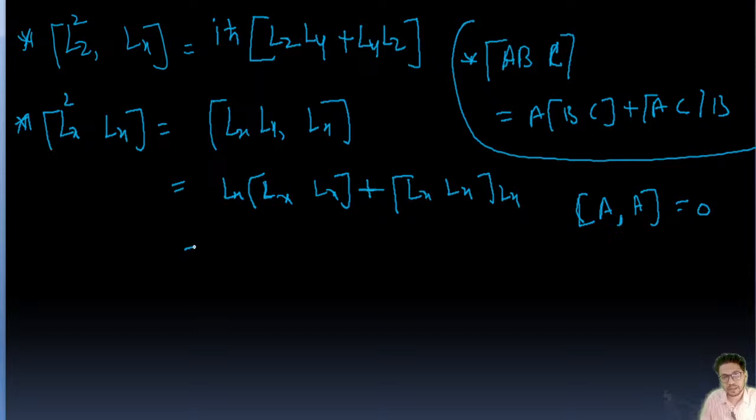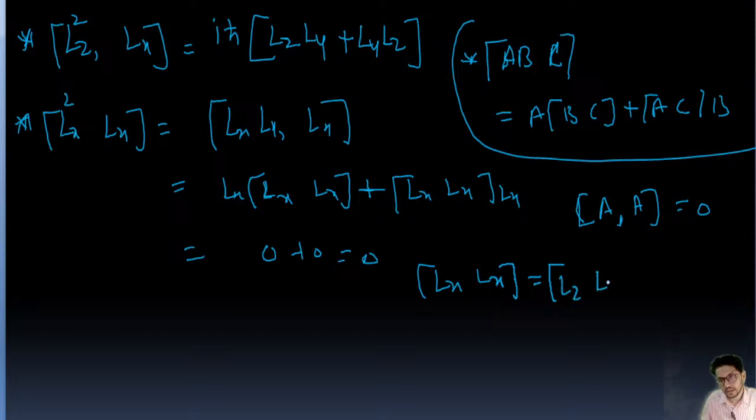So Lx, Lx is also 0. So this is 0 plus 0, that is 0. So this means Lx, Ly, sorry, my apology, this Lx, Lx, equal to Lz, Lz, equal to Ly, Ly, their commutation is 0.